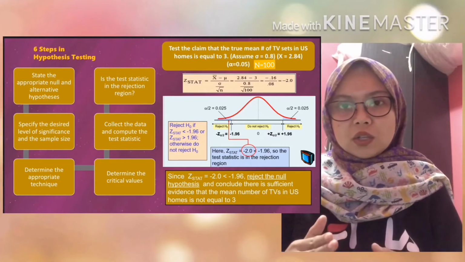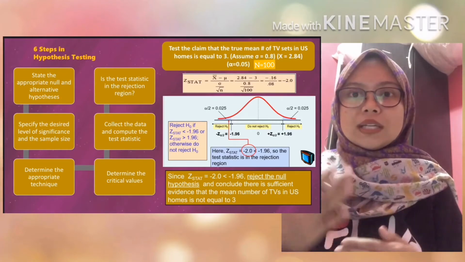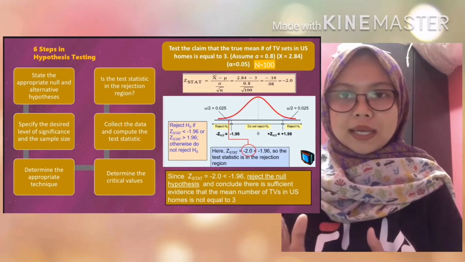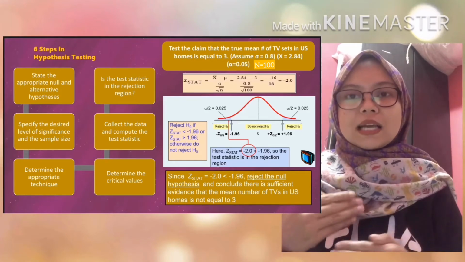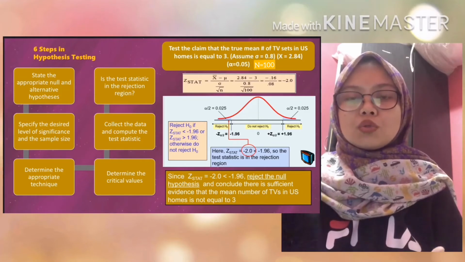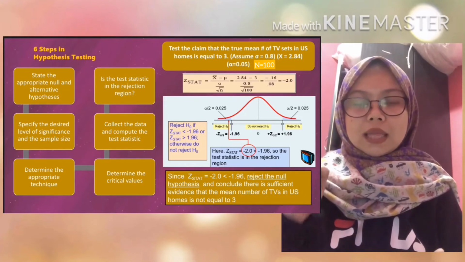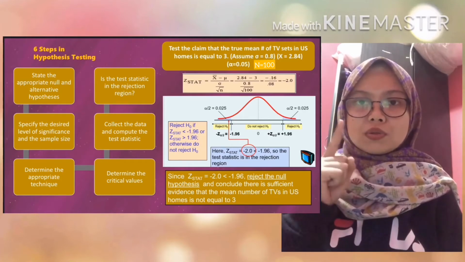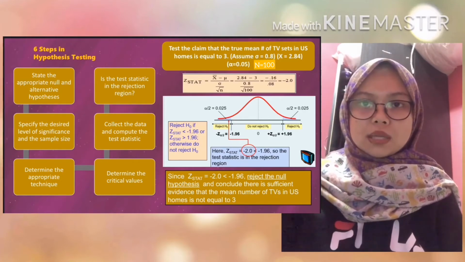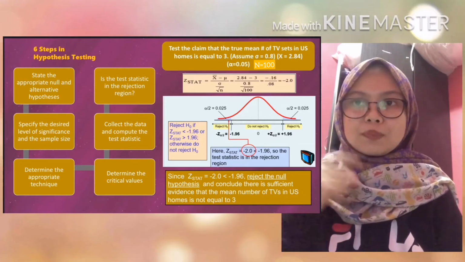So the critical value is 0.05 and the critical z value is plus minus 1.96. 1.96 comes from 1 minus 0.05, we get 0.95. Then 0.95 is 95%, so the critical z value is plus minus 1.96.